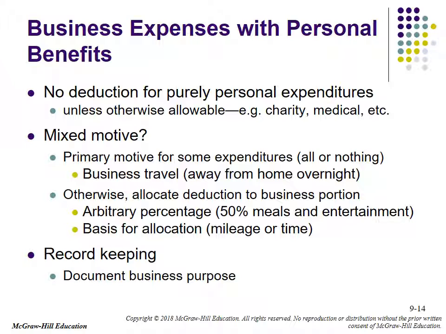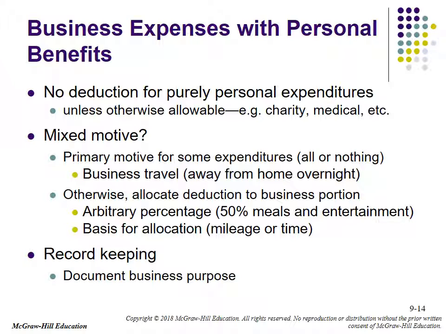When your primary motive is business, your expenses getting to and from, whether it's plane, train, or bus, are fully deductible if the travel is within the United States. If it's the other way around, you spend 2 days in business and 5 days gambling, none of the travel to or from the destination is deductible because your primary motive was personal.